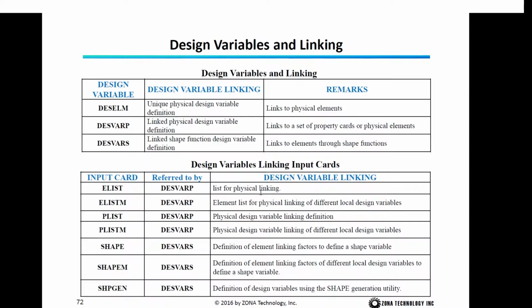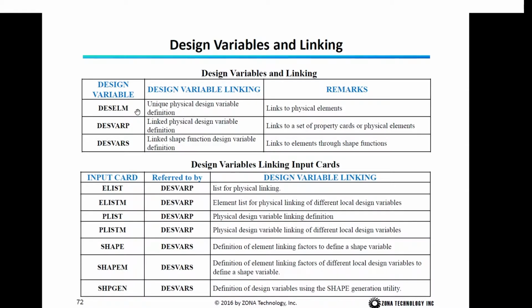Design variable linking: we have three cards that can be used to define a design variable. The first one is called DESELM. This is a unique physical design variable, meaning each DESELM refers to the ID of a CQUAD, CTRIA, or CBAR element.